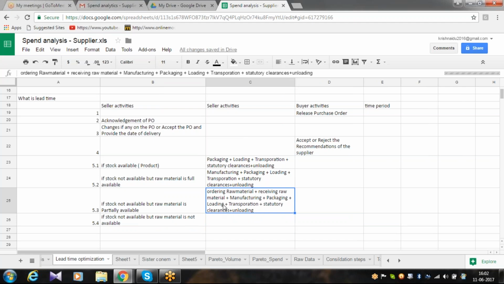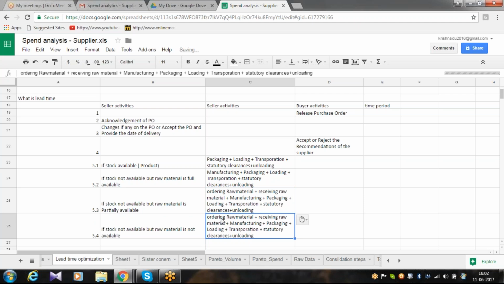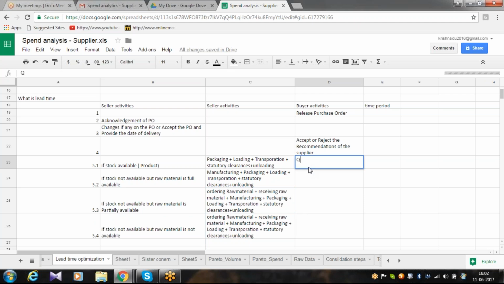Same thing here also. What will the buyer do here? Quality check, plus approval or rejection and returns.